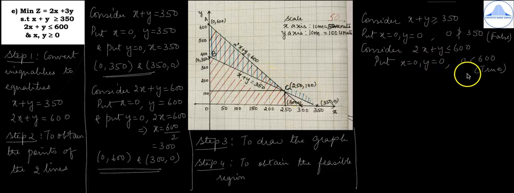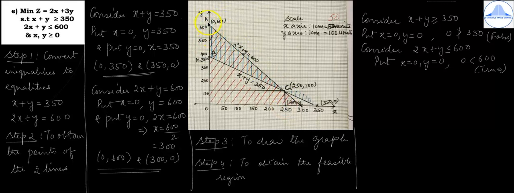For this it is true, so I have shaded towards the origin, that is I have used a red color. Now, it is a minimization problem. For a minimization problem, you can have an open figure or a closed figure and still you will have the solution. So now find out where the two types of shading are meeting. If you observe carefully, this is the area where the two types of shading are meeting.